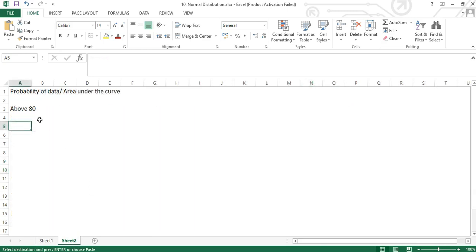Always put the formula first. Now, in the above 80 scenario, what is x, what is mu, what is standard deviation?